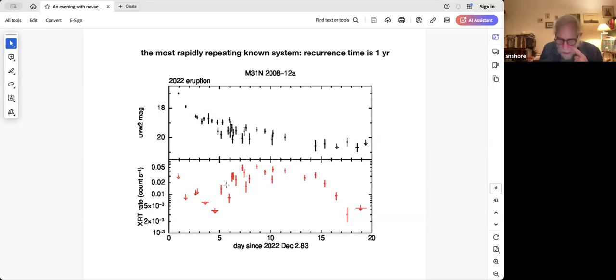The theology in the business is that the thing that determines whether a system is recurrent or not, meaning that it repeats on a human timescale, requires that you have a very, very massive white dwarf.